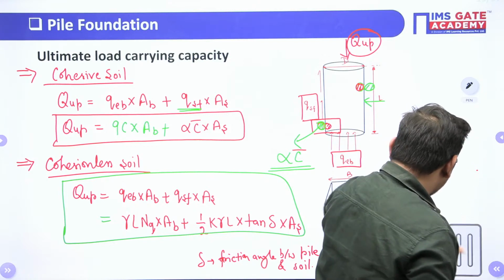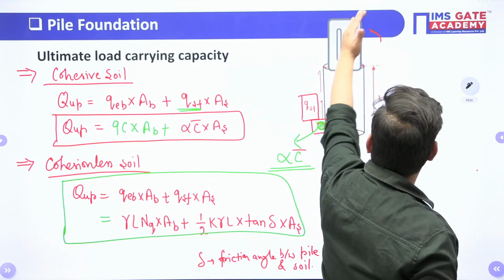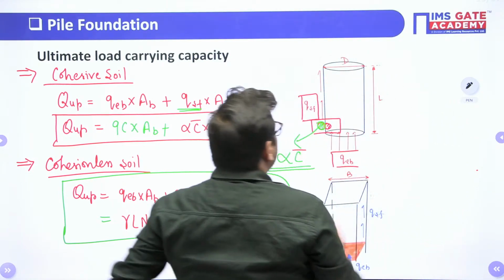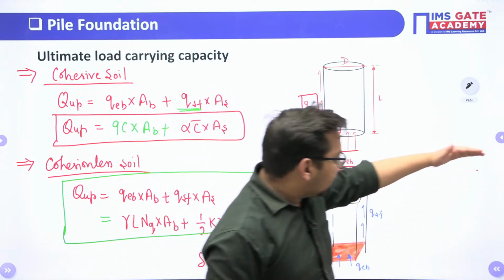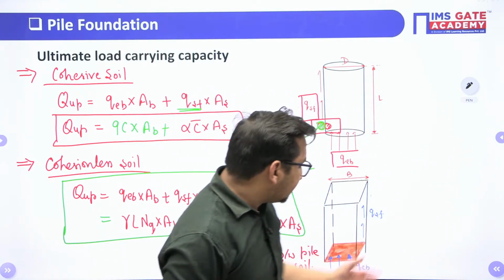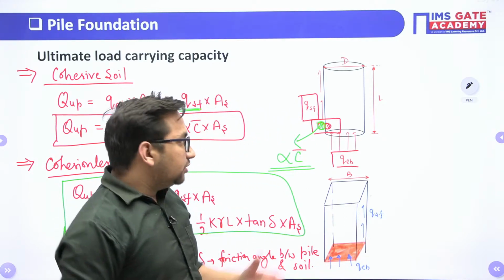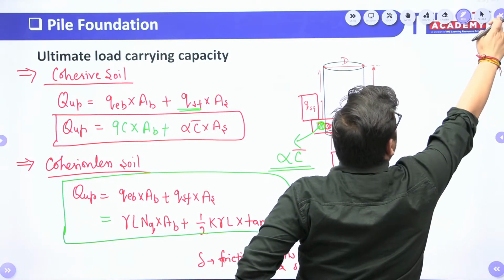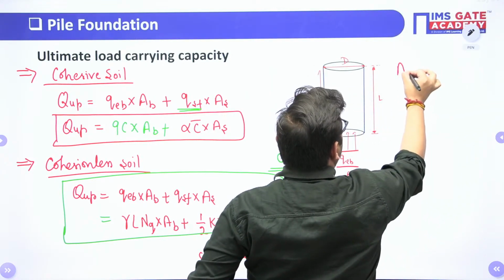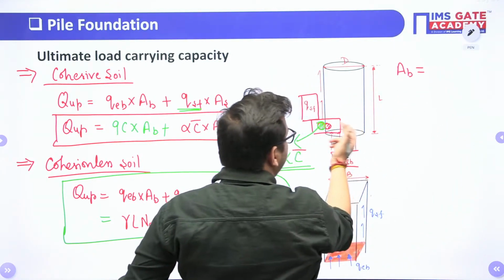Now try to see here. Generally, two types of foundation are given to you. One which is having a circular base, and second which is having a square base. So in this case, if I calculate the area at base, it will be the area of this circle.